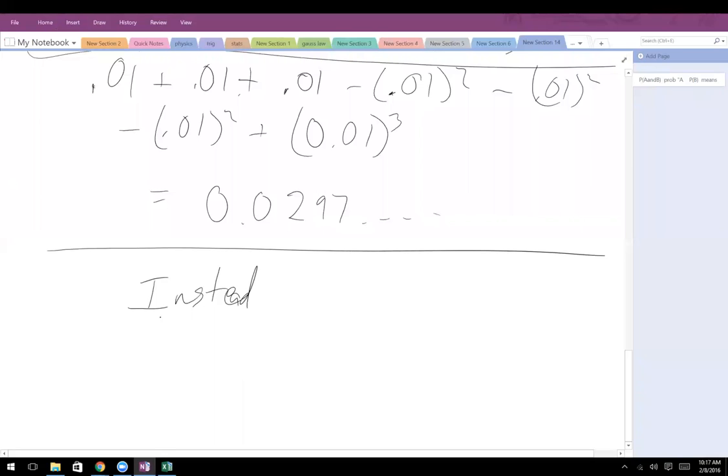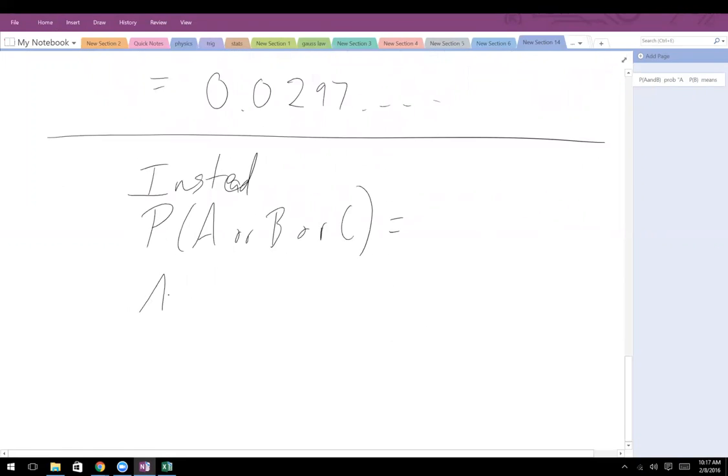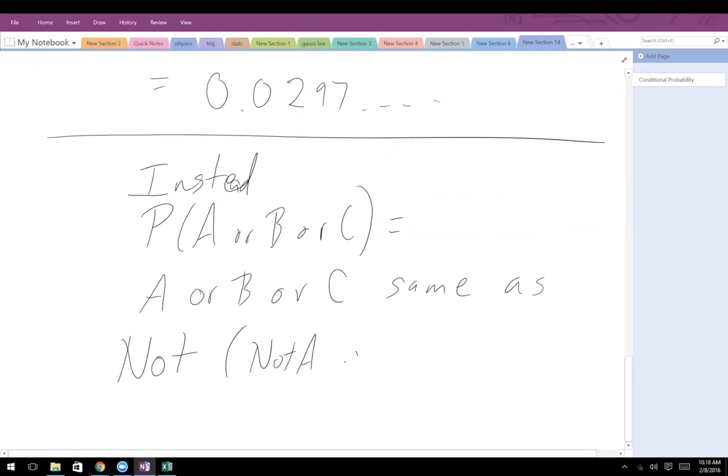we're looking for the probability of A or B or C, right? Well, A or B or C is the same thing as not, this is kind of funny to write down, not A and not B and not C. Okay, let's sit here and think about what that says.